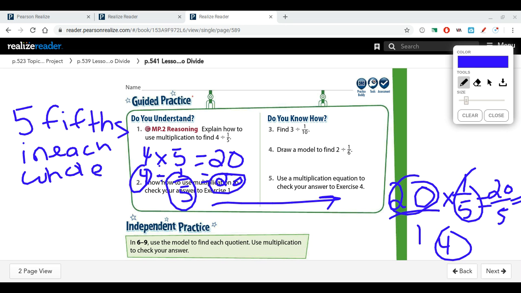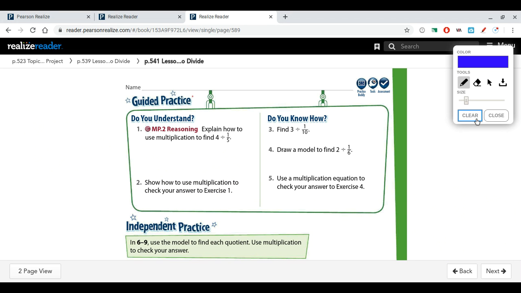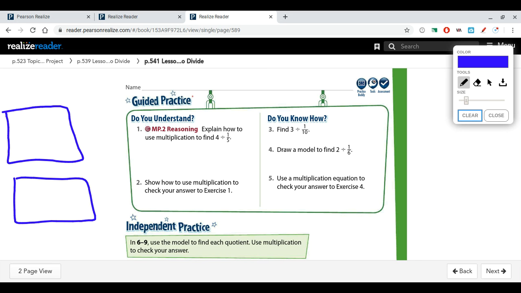Okay, we're going to find 3 divided by 1/10. When I do that, I could draw out my squares if I need to. If you still need to do that visual, go ahead and do that visual. I'd probably just do one square and divide it into 10.